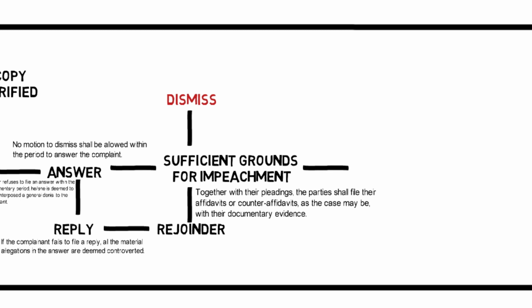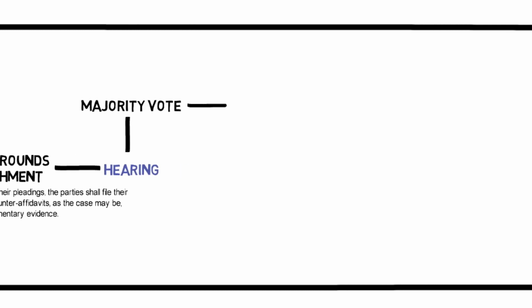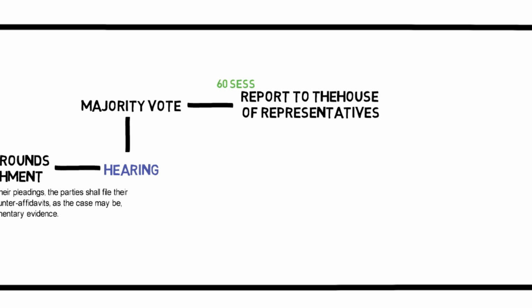If the committee finds that sufficient grounds for impeachment exist, the committee shall conduct a hearing. The Committee on Justice, after hearing and by a majority vote of all its members, shall submit its report to the House containing its findings and recommendation within 60 session days from the referral to it of the verified complaint and/or resolution.